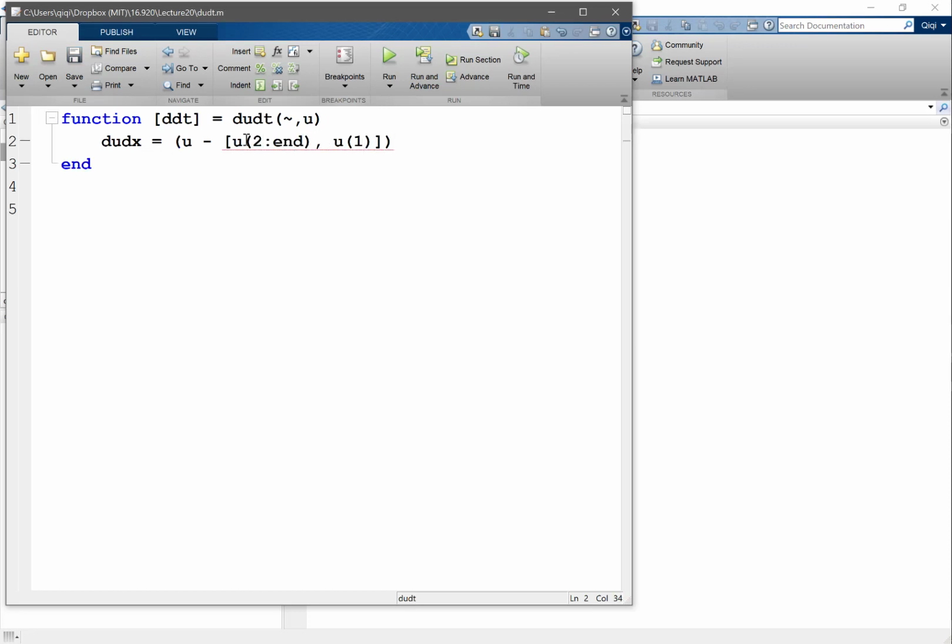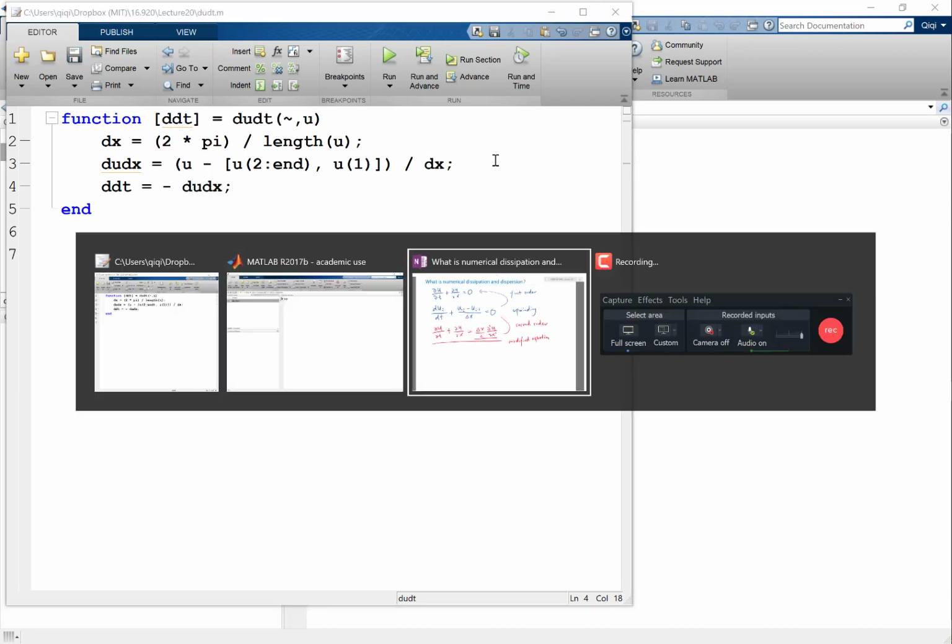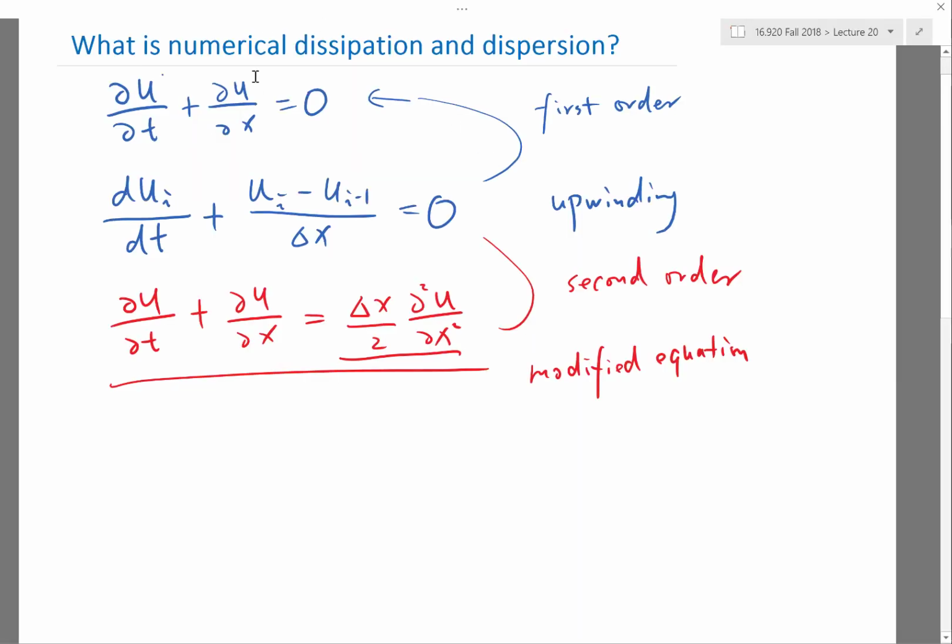This is assuming u is a row vector, which I'm not sure if ODE45 gives me, so I'm going to change it if it doesn't. Then divided by dx. Of course we have to compute dx, and let's assume our entire domain is 2 pi, then it's divided by the length of u, right? And the ddt is then equal to minus du/dx. That's basically what this differential equation tells me.